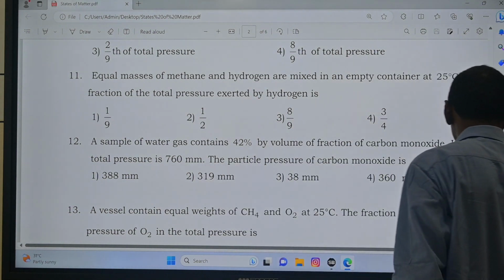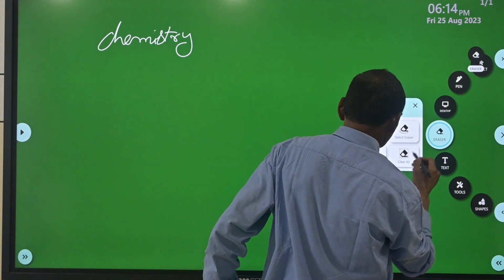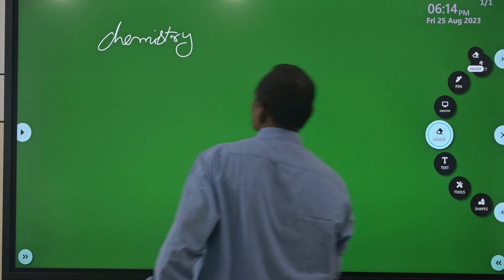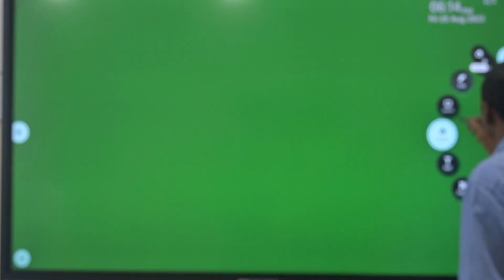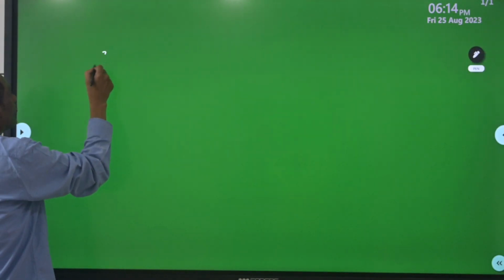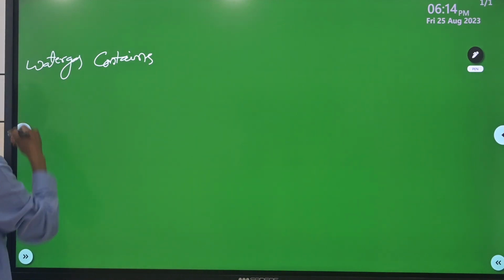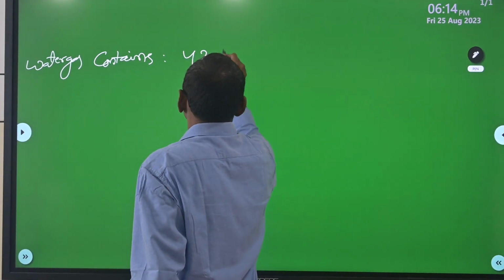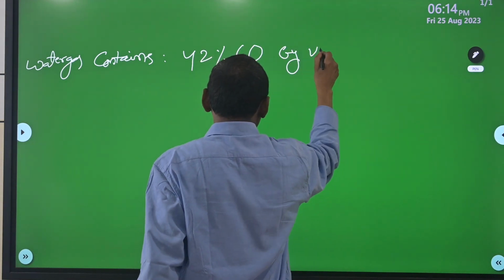If the total pressure is 760. A gas mixture contains, of course, water gas. A water gas contains 42% of carbon monoxide by volume.